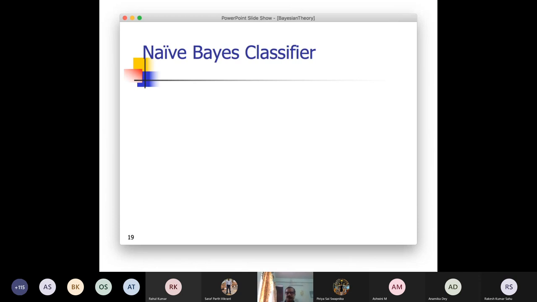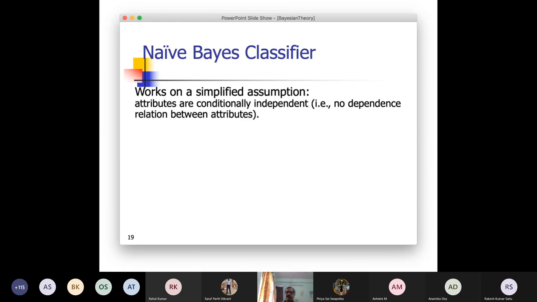We can use a simplified form of Bayesian classifier, the naive Bayes classifier. It works on a simplified assumption that the attributes are conditionally independent. That means given a class, all attributes within that class are independent random variables. So that is conditional independence.